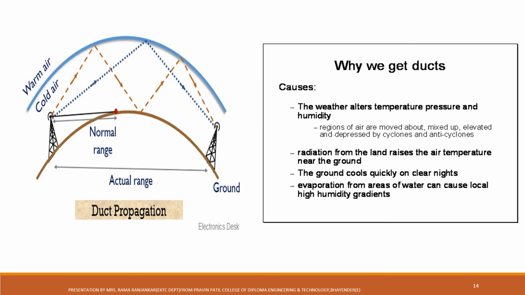Radiation from the land raises the air temperature near the ground. The ground cools quickly on clear nights, and evaporation from areas of water can cause a local high humidity gradient. And this diagram shows the duct propagation.